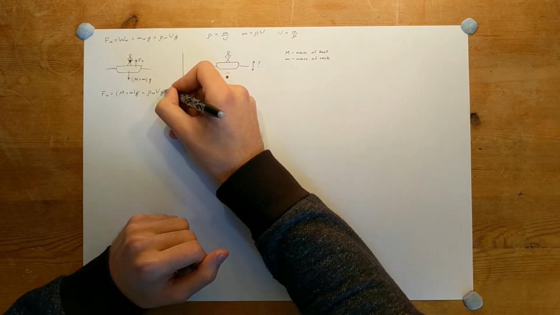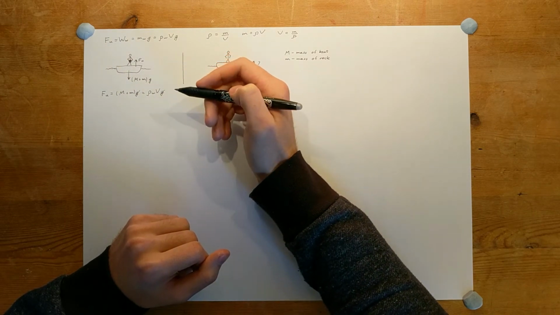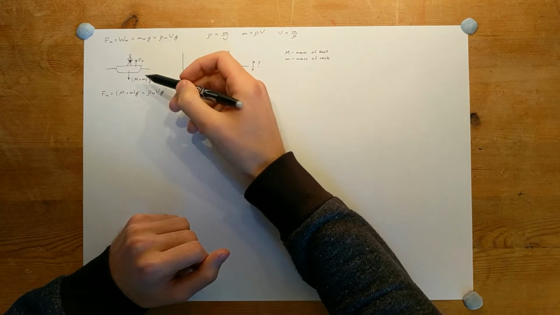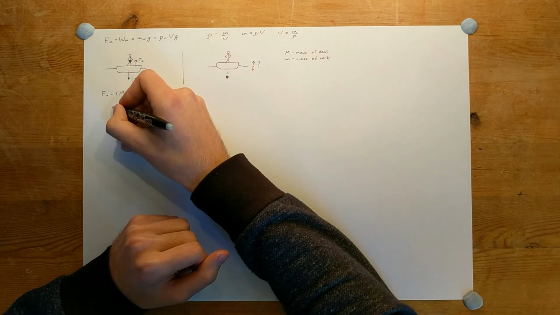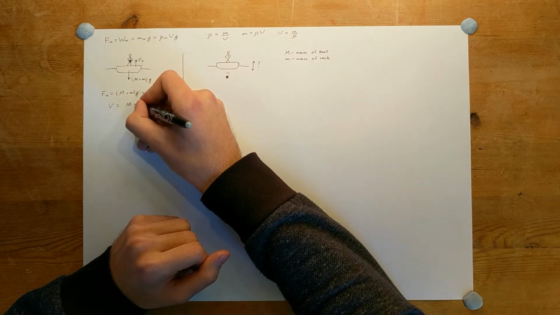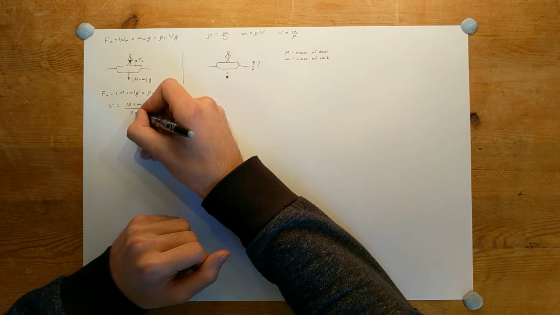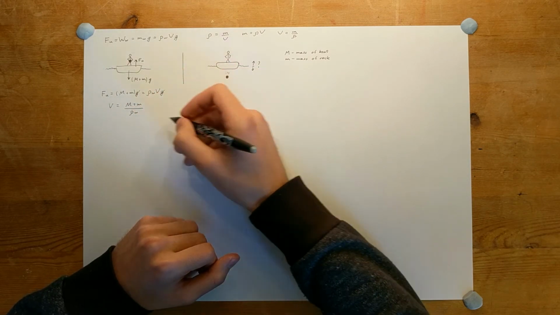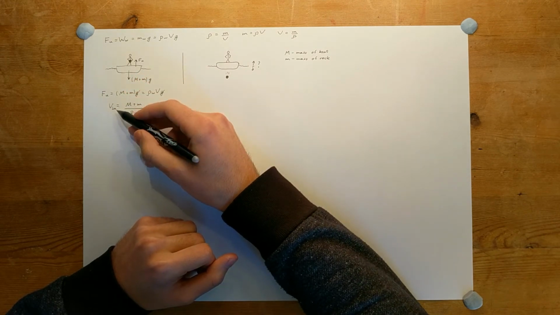Now we can cross g's, and what we want to find is the volume of water displaced by the boat when the rock is inside. So volume is equal to the total mass over the density of the water. And this is the volume when the rock is inside.